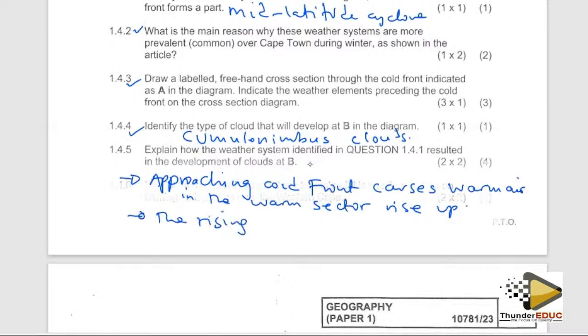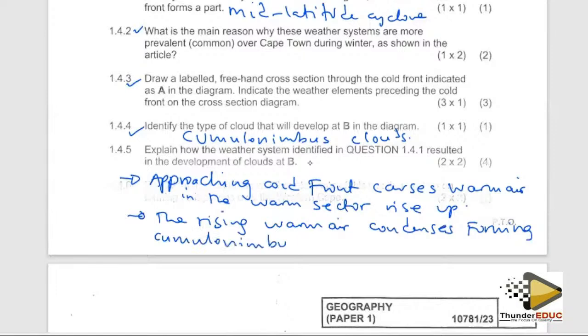The rising warm air condenses, forming cumulonimbus clouds, right?